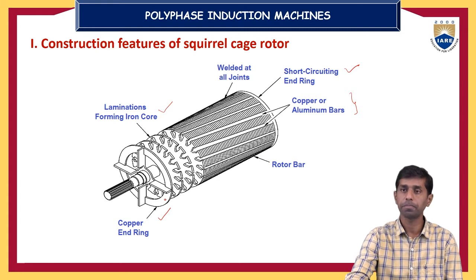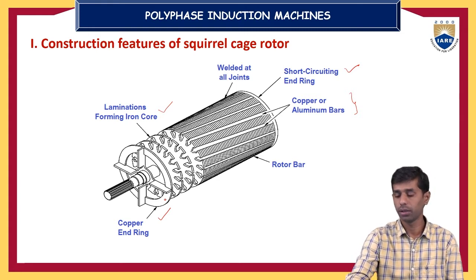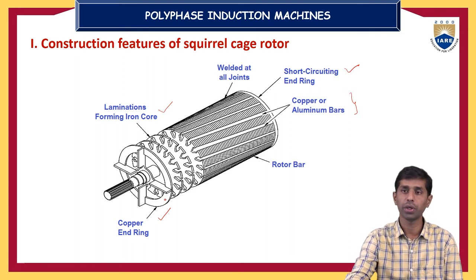Whereas in the case of the stator, very thin laminations are used, because the frequency of induced EMF in the stator is equal to the supply frequency. That is why we have a relation: frequency is inversely proportional to the thickness of the laminations.